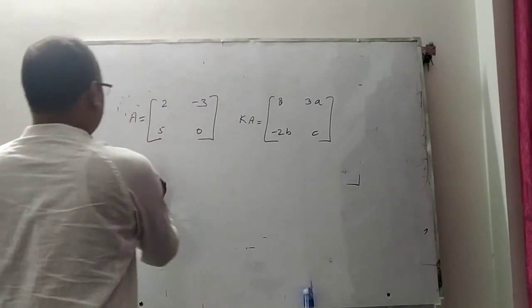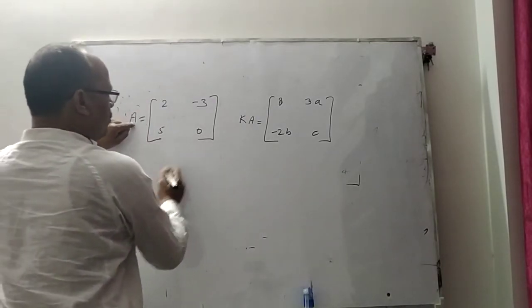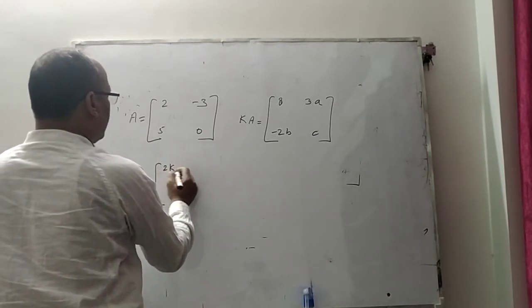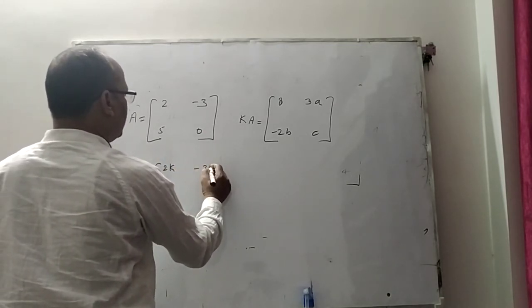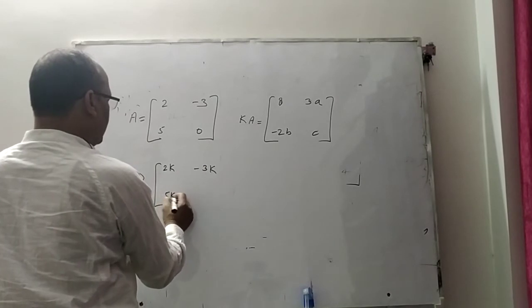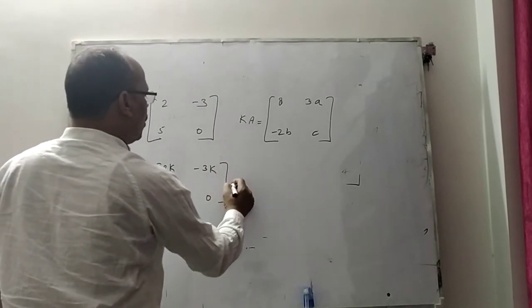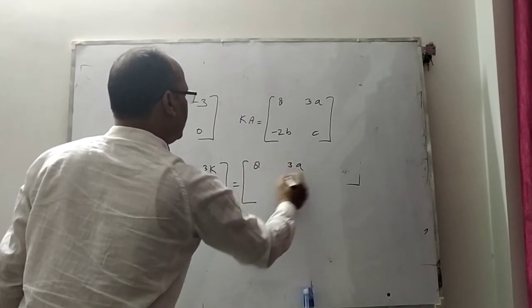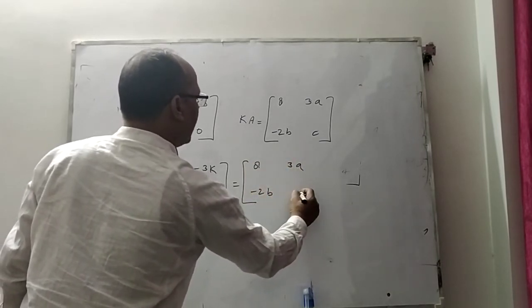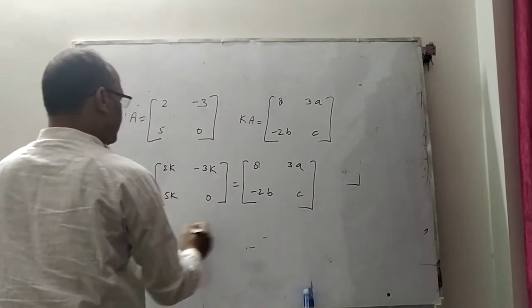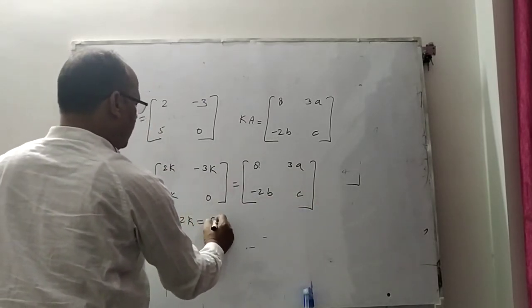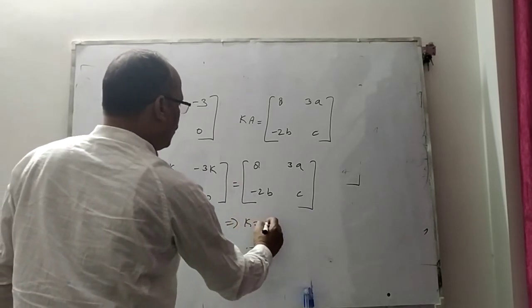You can write, implies that K is multiplied to this. Then you can write 2K, minus 3K, 5K and 0. Then it will become equal to 8, 3A minus 2B and C. Now compare. So 2K equal to 8 implies that K equal to 4.